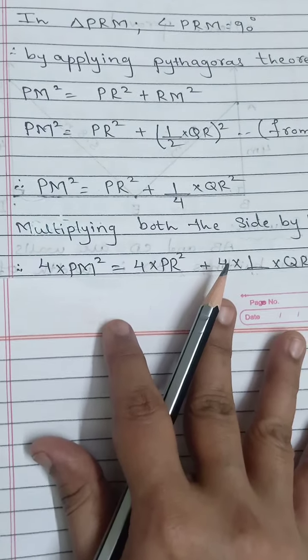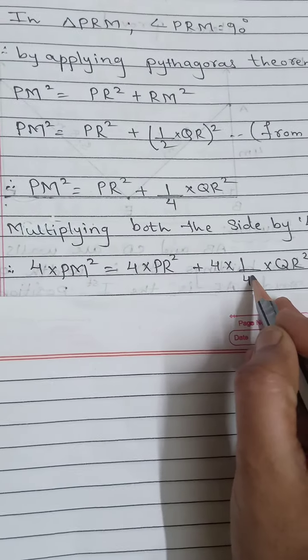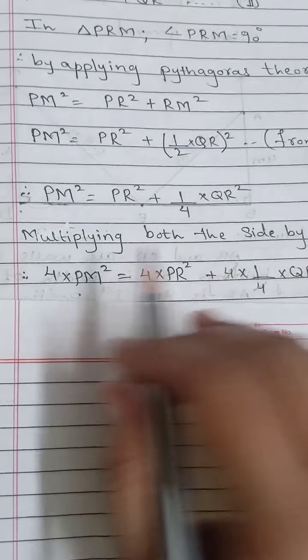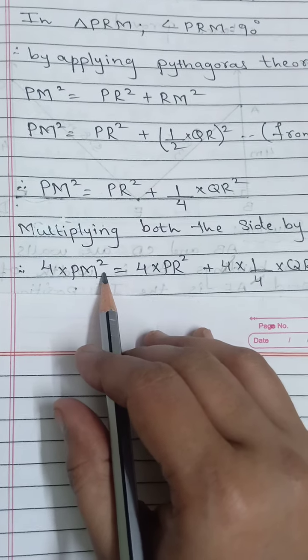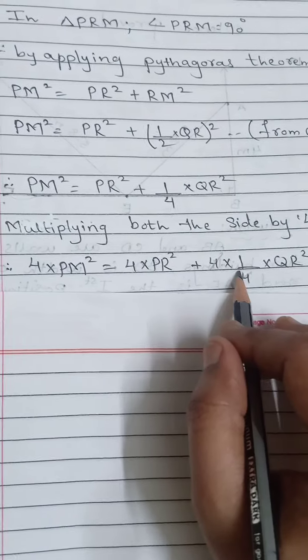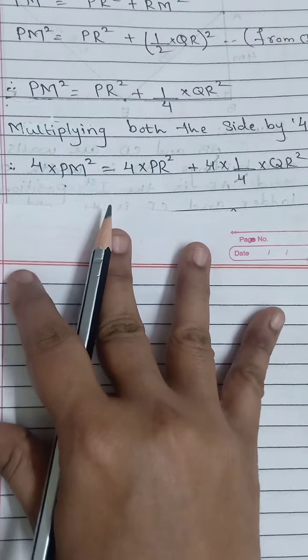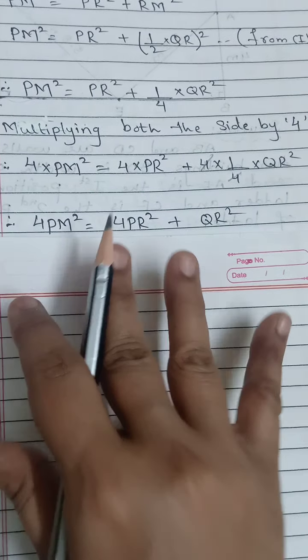So we will just multiply 4 by each of the terms. So this 4 and 4 get cancelled. 4 into PM square will be 4 PM square. 4 into PR square will be 4 PR square. And 1 into QR square will be QR square. So the next term will be 4 PM square is equal to 4 PR square plus QR square.